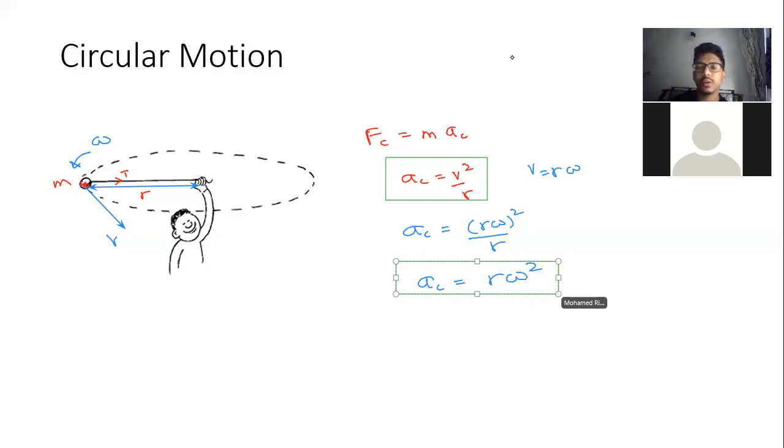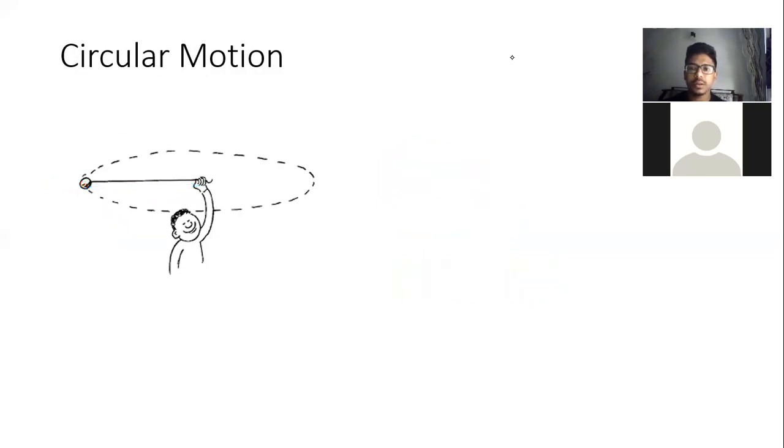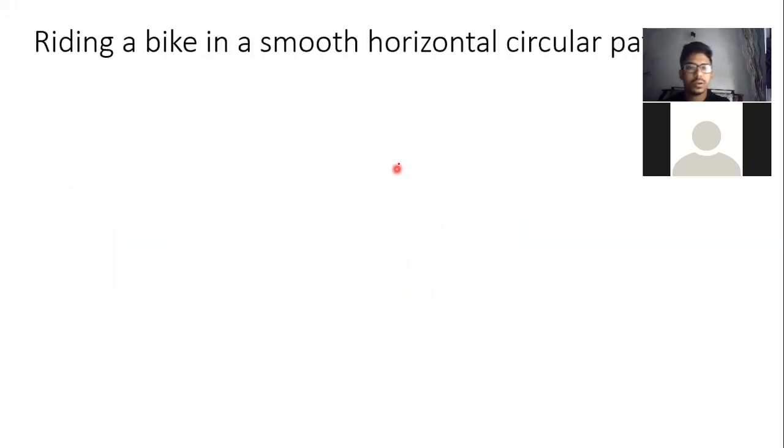Now today we are going to discuss some examples in circular motion. So first let me clear all this. The first example is riding a bike in a smooth horizontal circular path.